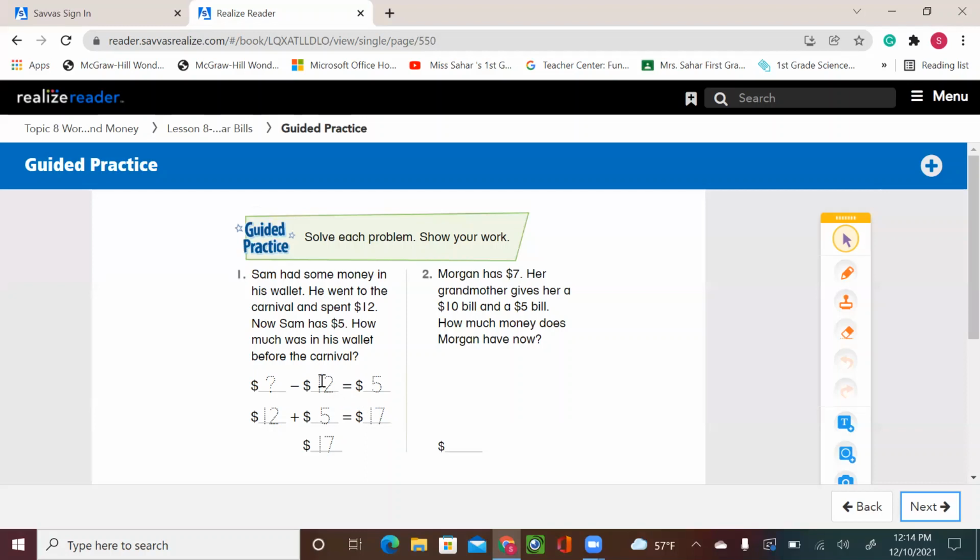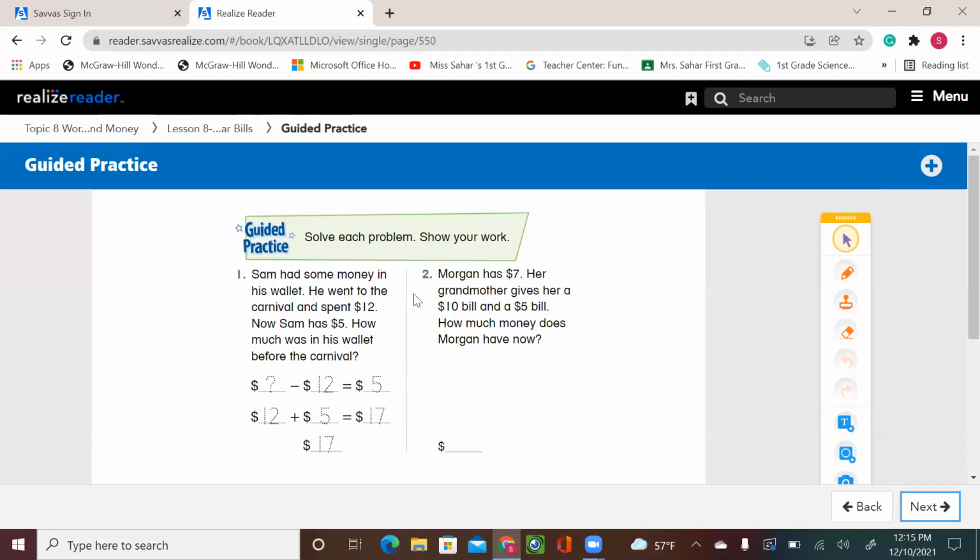He spent $12 and now he has $5 left. So I break down all the information I have, I see what information I need to find, and then I can do my equation. So I know that the total was missing. I know that one part was 12, the other part is 5. So that's when I say the two parts added together will give me the whole, or the total.